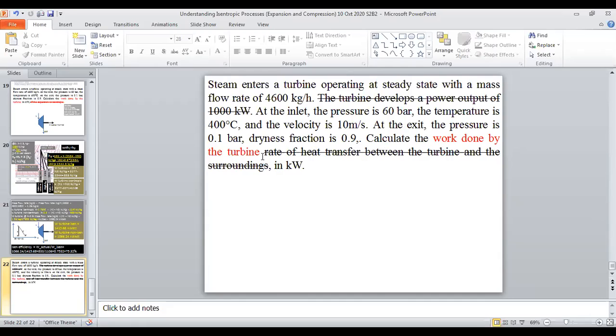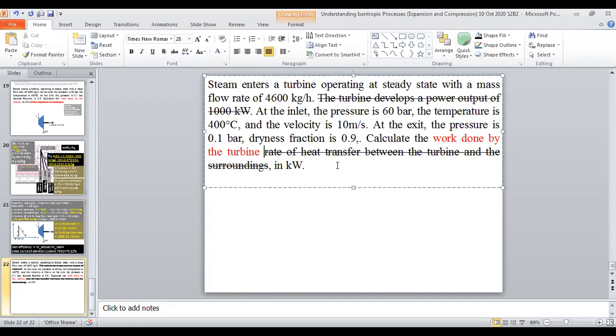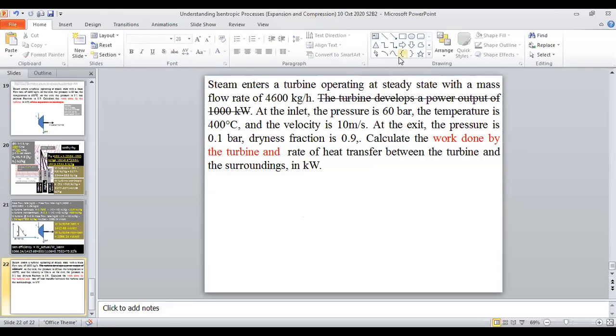Calculate the work done, and I put the work done by turbine. And rate of heat transfer also I keep it in kilowatt.